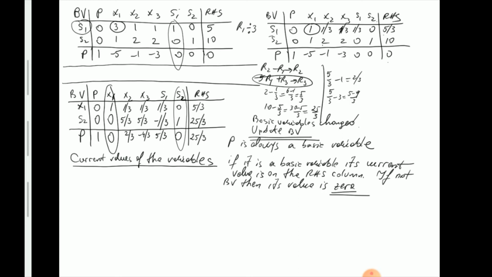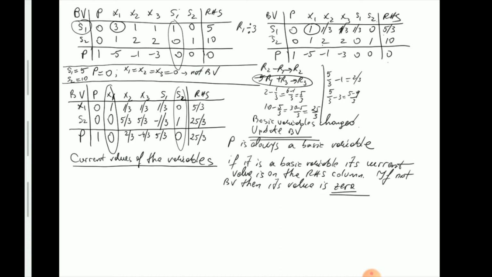So for example, here on the initial Simplex Tableau, S1 current value is 5, the right hand side. S2 current value is 10. P current value is 0 because that's the right hand side. And X1, X2, X3 are all 0 because at this point they are not basic variables.